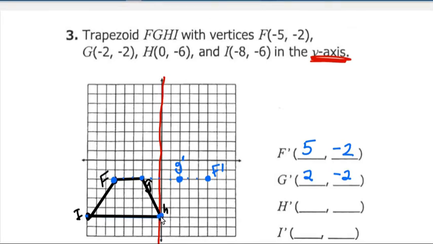It's on the line. So if it's 0 units away, H prime is going to be 0 units away. So my H and H prime are actually the same exact point, just because it's on the line of reflection. I was 8 units away, so I prime is going to be 8 units away.